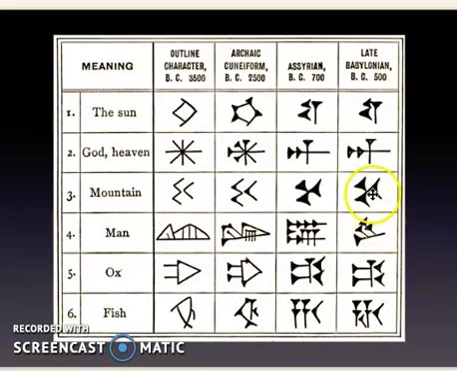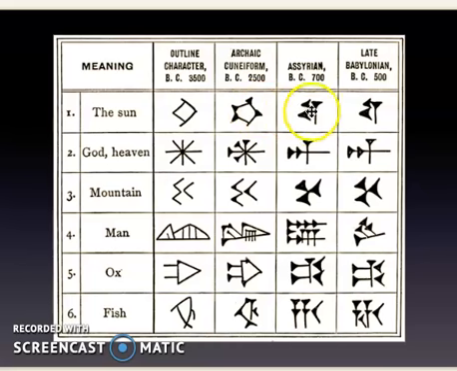If you look at this, this is definitely a sun, right? This outline character was definitely shaped out to be a sun. Then they started adding little wedge shapes to it, so it started to look even more like a sun, and that was about 2500 BCE.